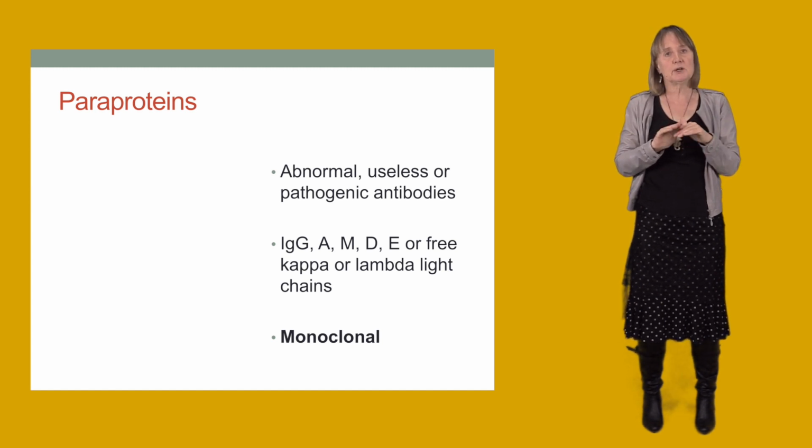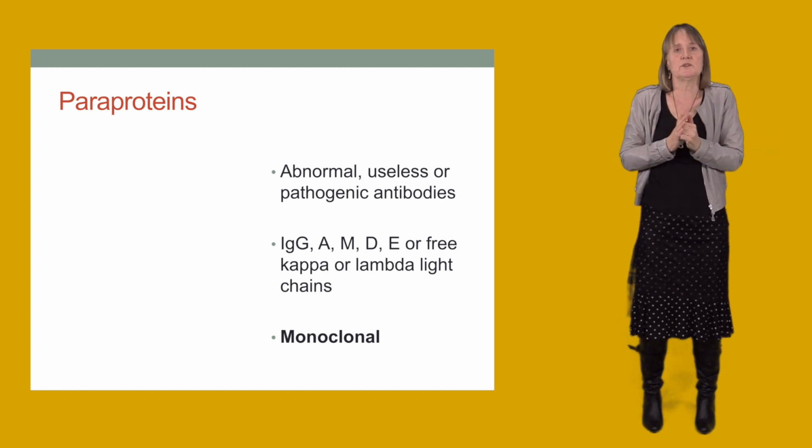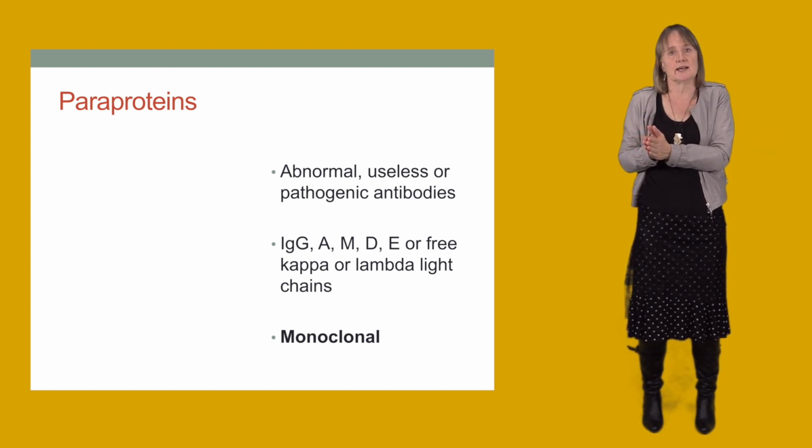So if we see polyclonal increase in globulins, that's going to be a reactive change. If we see monoclonal change, that's likely to be a plasma cell proliferation, possibly myeloma.